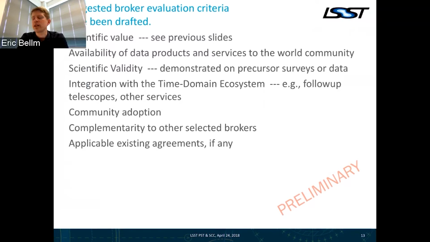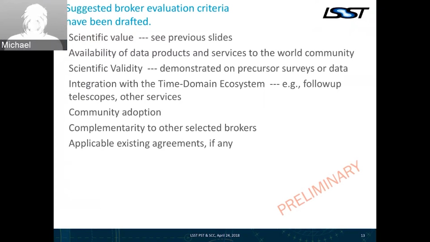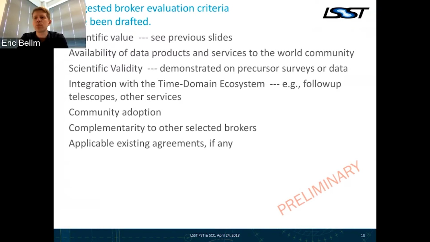Want to make sure that the data products that are presented are valid and correct, which could be demonstrated on precursor surveys or data. There's, I think, a role, at least for some brokers, to integrate more broadly into the time domain ecosystem, for example, triggering follow-up telescopes or integrating with other archives or services. Obviously, if there are brokers who have prototypes that are running today and they're being used by the broader community, that's, I think, a strong signal.